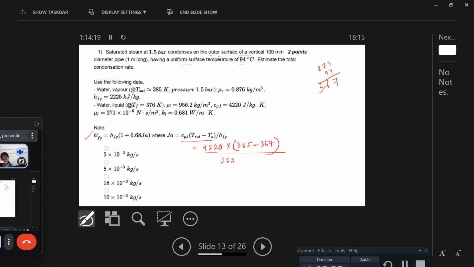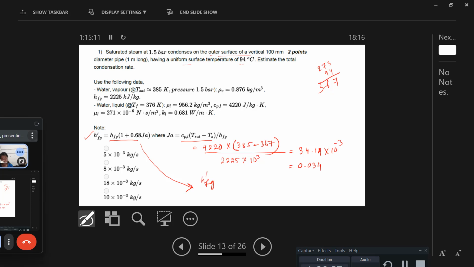HFG is 2225 into 10 cube. So it is again 0.034 because it is 34.114 into 10 to the power minus 3. Yes, we can write as 0.034.